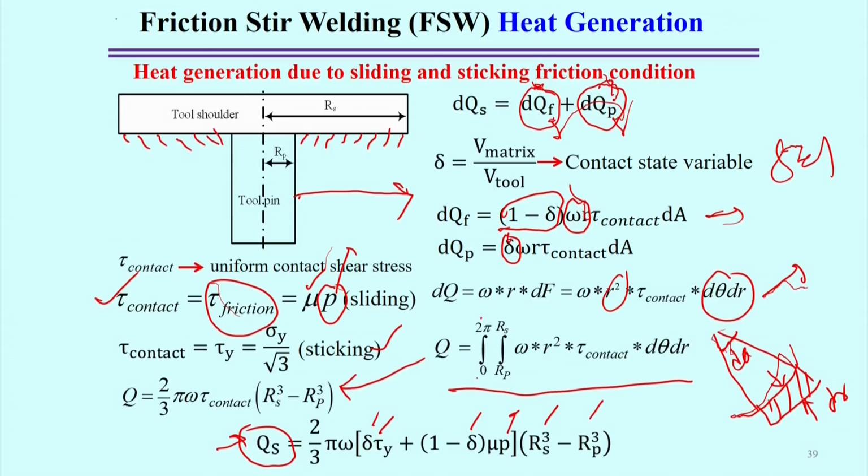The similar calculation can also be done if the tool pin bottom surface is in contact with the workpiece. The tool pin bottom surface generates frictional energy or heat, which we can find out in the similar way, but here the range of the surface should be from 0 to Rp, that will be the range of the radius in this calculation.